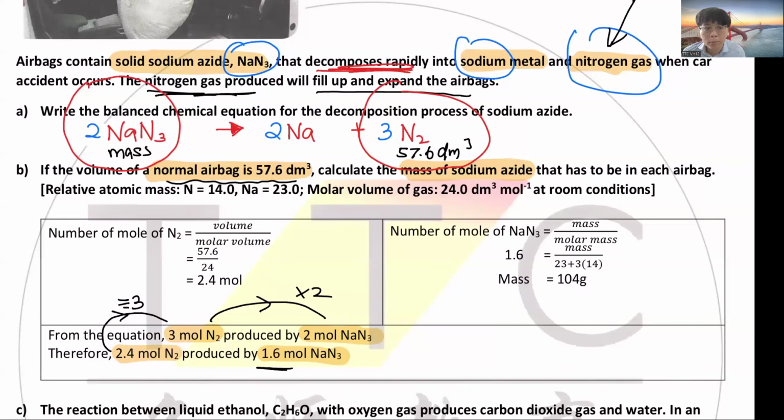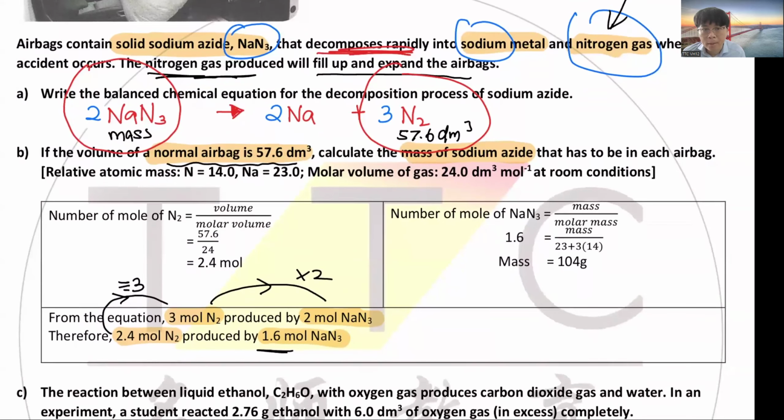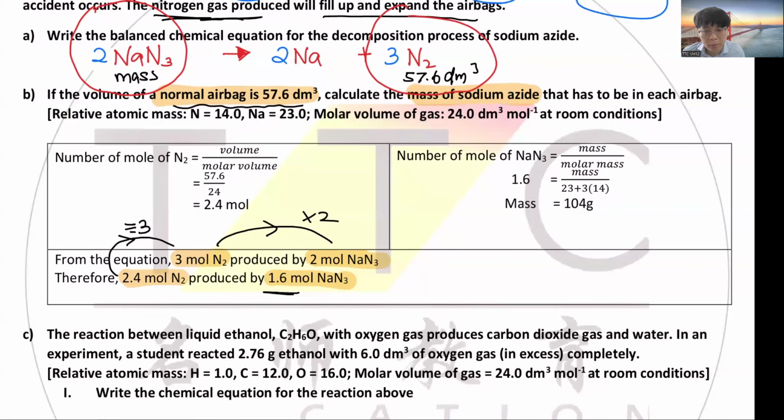Yeah, it's the number of mole. This is the number of mole. The number 2 or 3 is the mole ratio. If you're not confident, we can complete the one below again one more time until you feel confident.